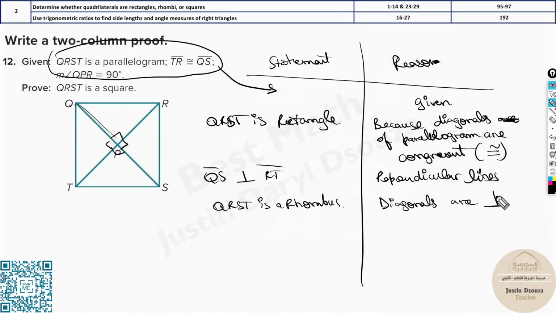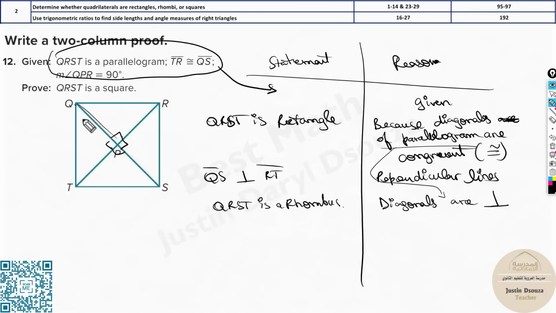This is the symbol of perpendicular. Diagonals of a parallelogram, if they are perpendicular to each other, therefore it's a rhombus. These are the theorems which we have gone through in the lesson, and they are being used now.